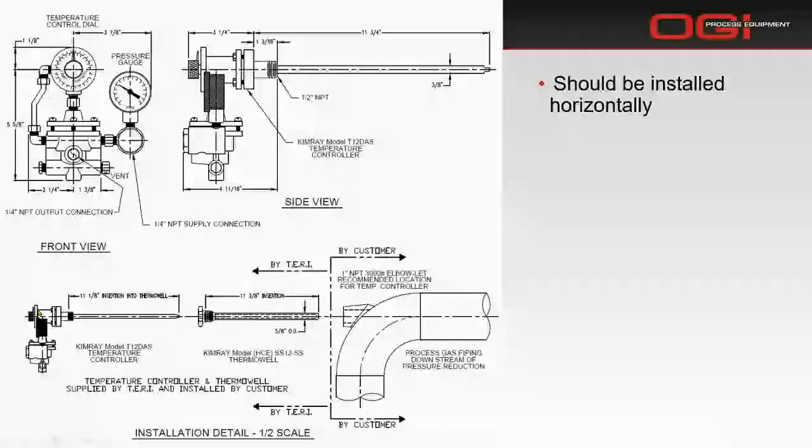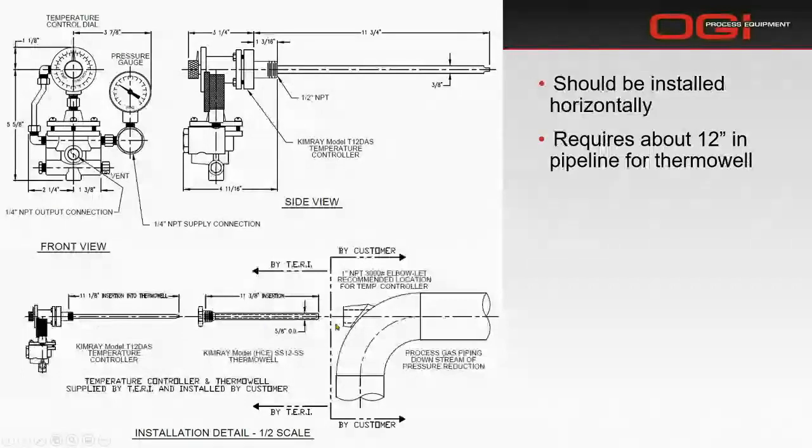There are seals in this temperature controller that will start to break down, and then it will prematurely fail and you'll have to replace it. Also, the thermal well requires about 12 inches in the pipeline before your next elbow, if you need another elbow. So just keep that in mind. We're not sensing flow, so you just need enough space to install the thermal well.